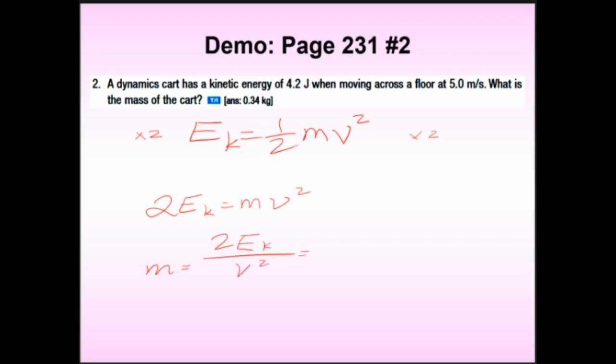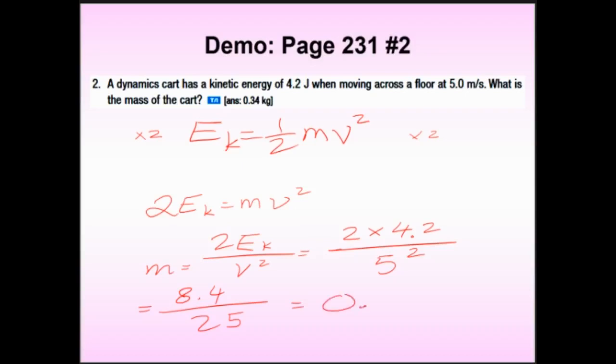Great. And then we just plug in the numbers now. 2 times 4.2 divided by 5 squared. That will be 8.4 divided by 25. That is times 4 times 4, 3, 3, 6. Am I correct number-wise?